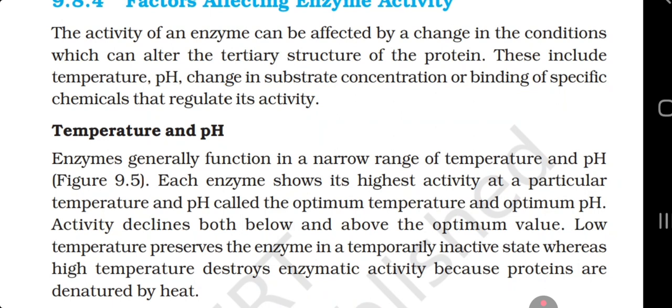Each enzyme shows its highest activity at a particular temperature and pH called the optimum temperature and optimum pH. Activity declines both below and above the optimum value. Low temperature preserves the enzyme in a temporarily inactive state, whereas high temperature destroys the enzymatic activity because the proteins are denatured by heat.